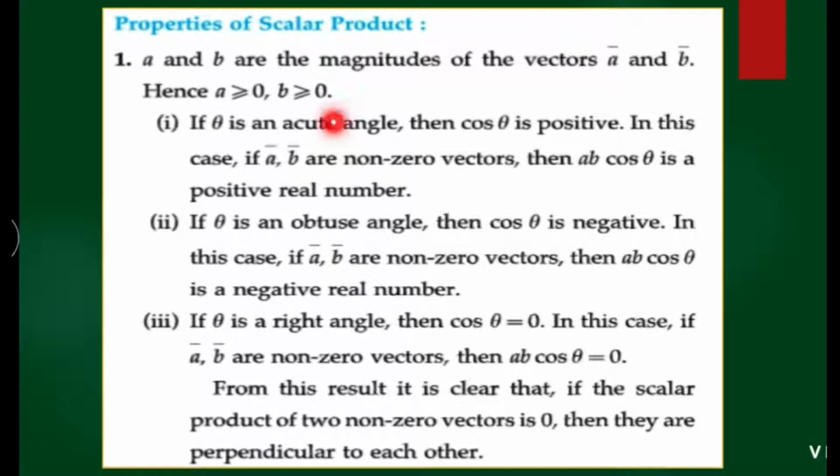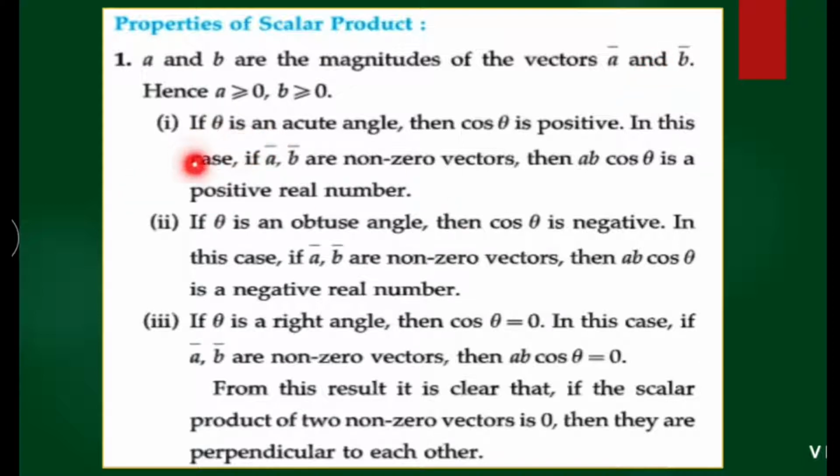Now see the properties of scalar product. First property, A and B are the magnitudes of vector A and vector B. Hence A is greater than or equal to 0, B is greater than or equal to 0. That means the magnitude may be 0 or greater than 0.